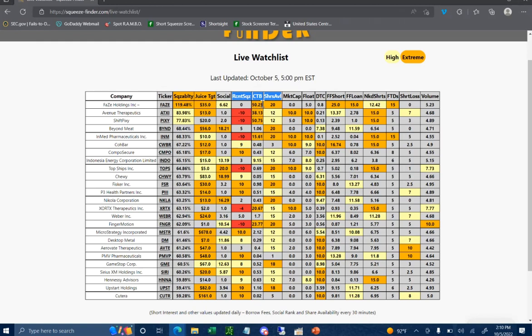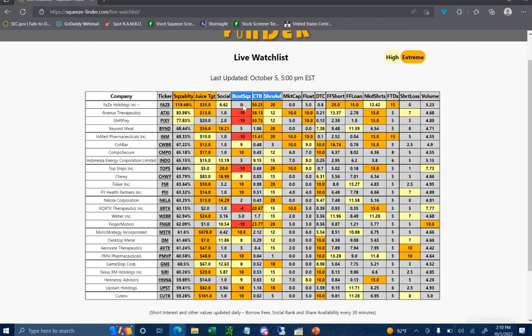Nope, okay, no problem. So it's probably going to happen three to four times a year that you get a ticker that comes onto the list, and it's going to be orange in these three, meaning absolutely no recent squeeze, a score of +10 there, a high cost to borrow, which would be over, like, 20 on this scoring system, and then zero shares available to borrow, which would be a score of 20.